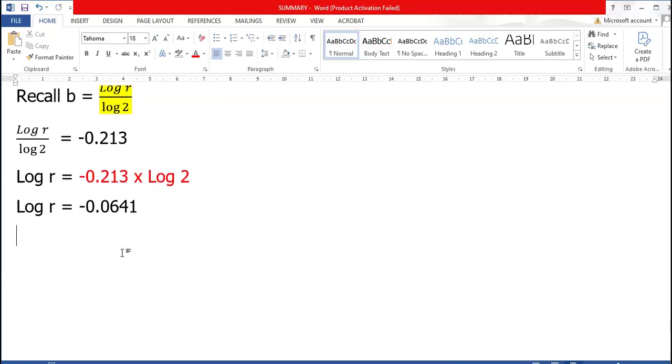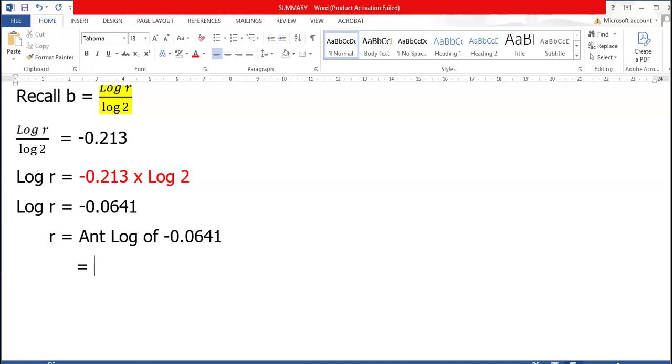So finally, how do you get R alone? So to remove this log at this side, you will now get anti-log of negative 0.0641. Do you know how to get anti-log on your calculator?